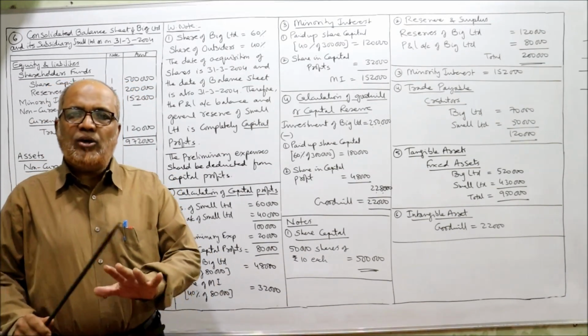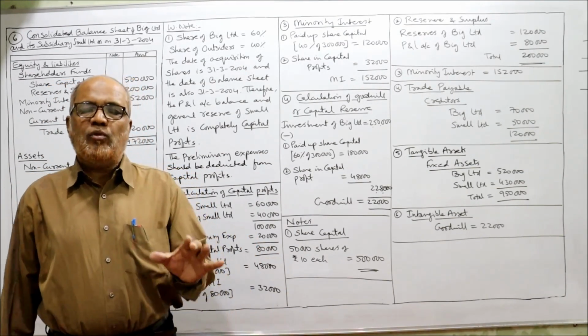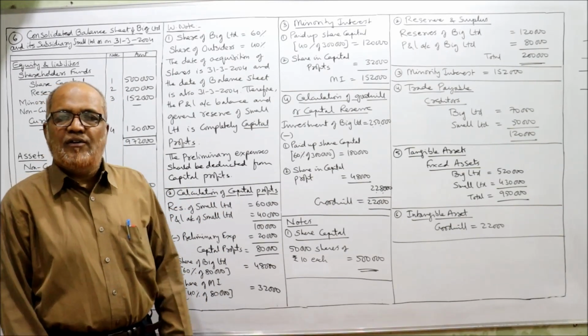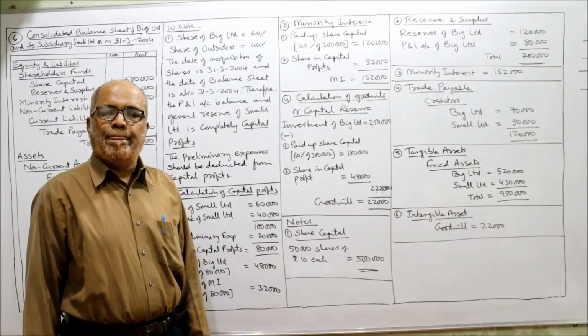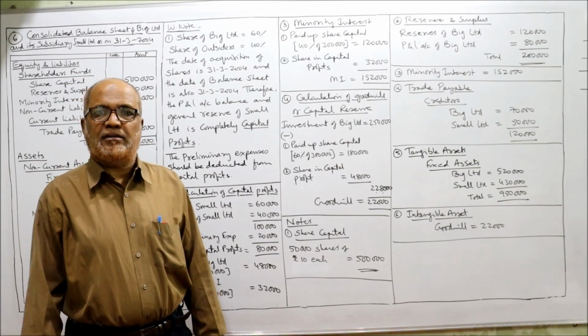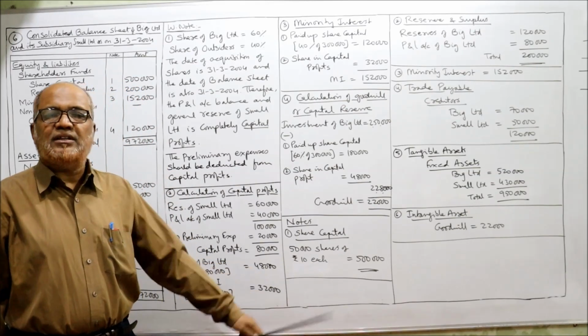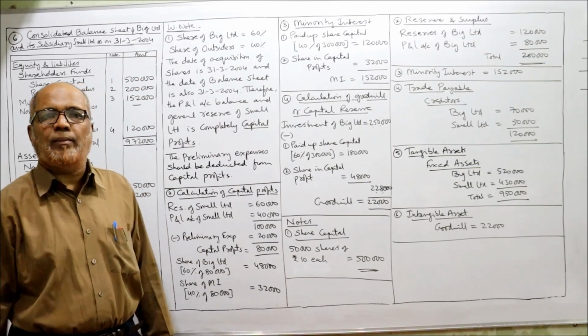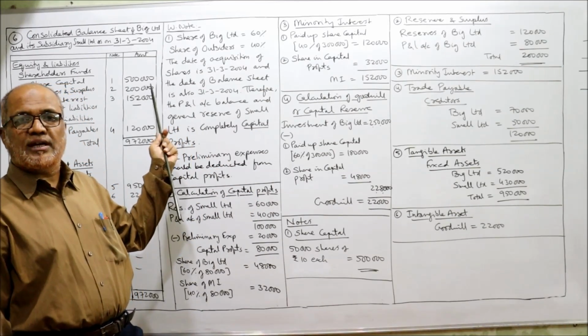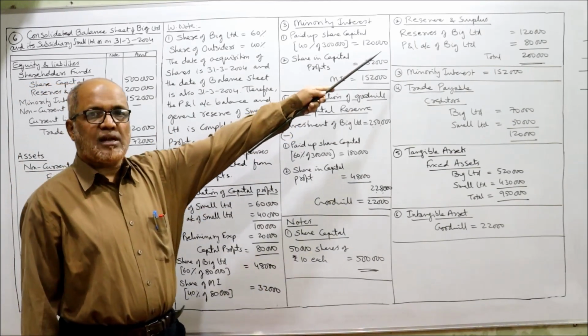Over. Working notes completed. Now we are moving on to the notes forming part of financial statements. First note regarding share capital. Share capital is the capital of the holding company, Big Limited. Big Limited is having 50,000 shares of rupees 10 each, given in the problem, 5 lakh rupees. That 5 lakh rupees I have taken here as share capital. Second, reserves and surplus.